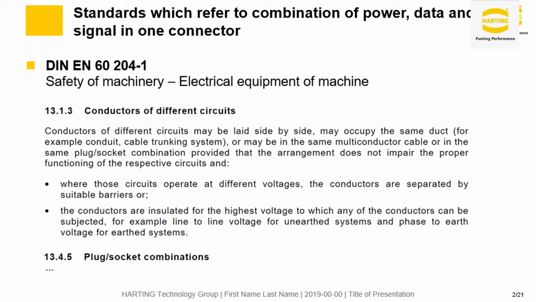And in this spec, you will see also a paragraph which describes conductors of different circuits. In this paragraph, it is described how to do this, and there you can see that it is allowed.